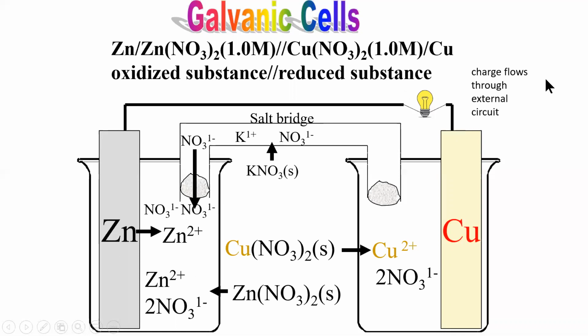So the nitrate ions are going to migrate in this direction, and the zinc ions are flowing this way. As the copper ions are being reduced to copper metal, we need to replace those positive ions to maintain electrical neutrality. So the potassium ions will migrate, and then the zinc ions will follow. So you'll end up with zinc flowing this way, and nitrate ions flowing this way.